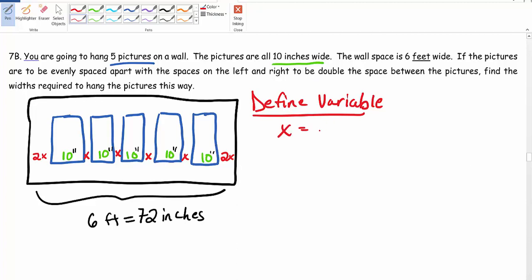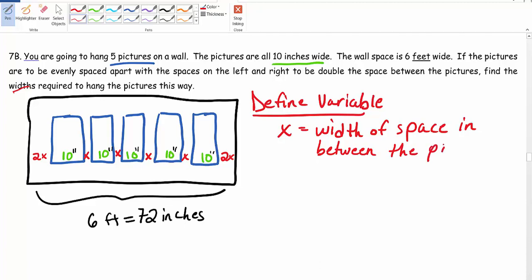X equals the width of the space in between the pictures. So just the space in between the pictures, not including the sides. We can find those, but just the space in between.